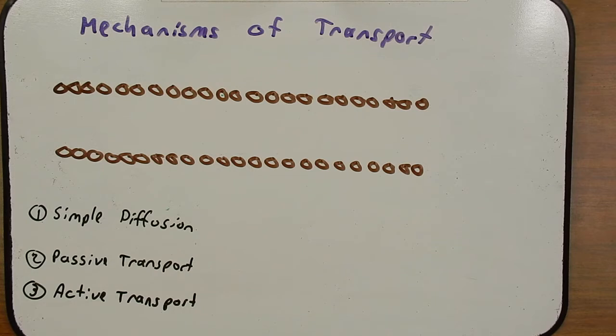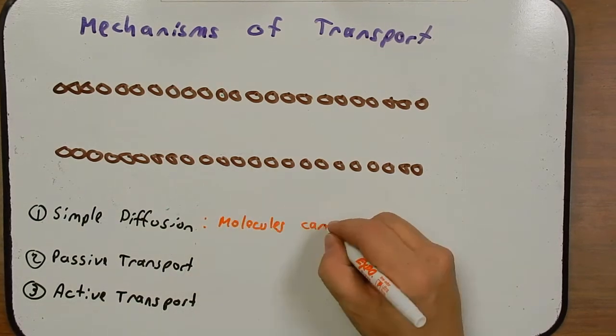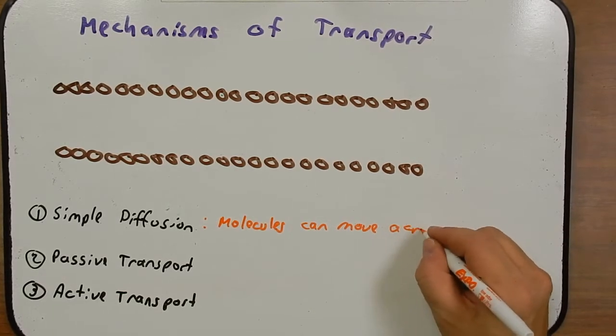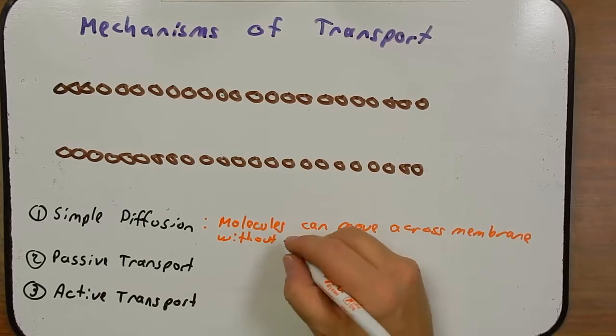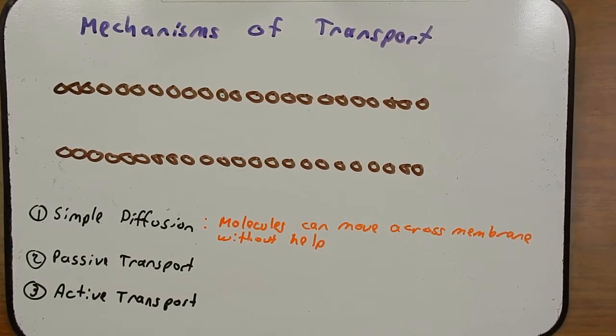When we talk about simple diffusion, we mean that molecules can move across the membrane without help, meaning proteins don't have to help move it.